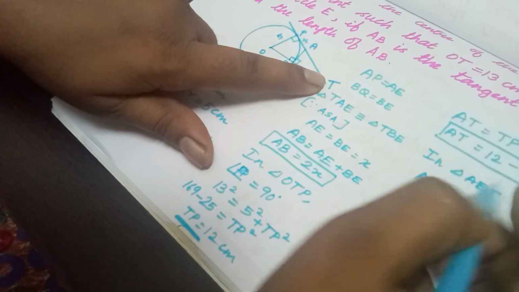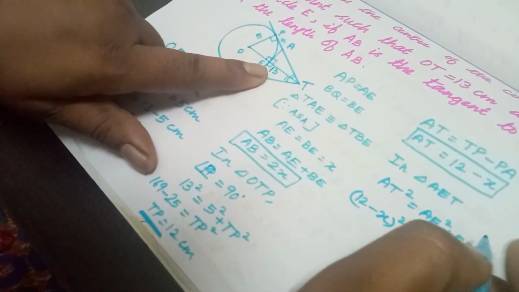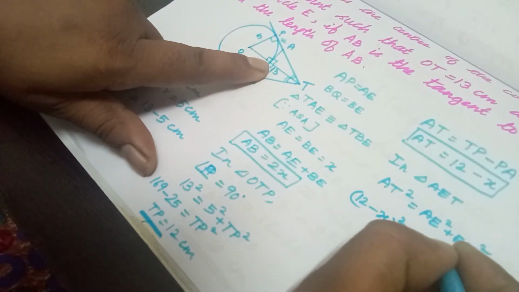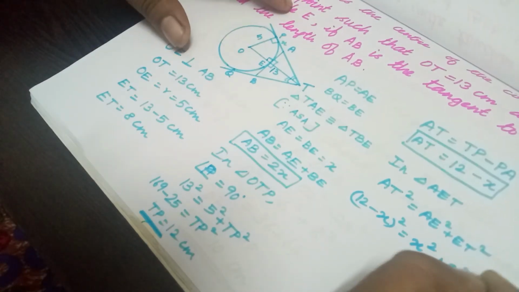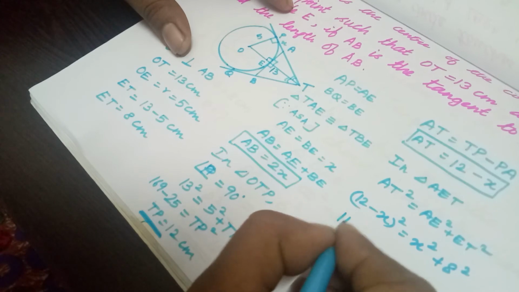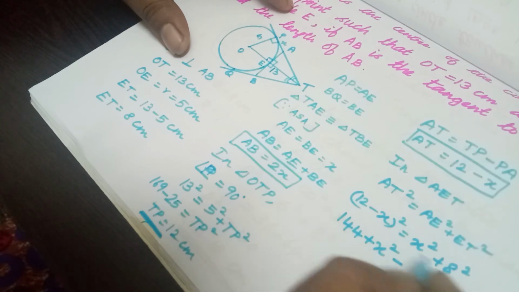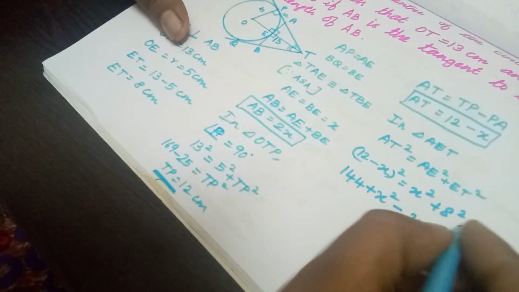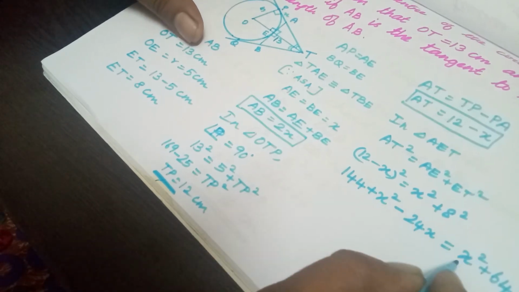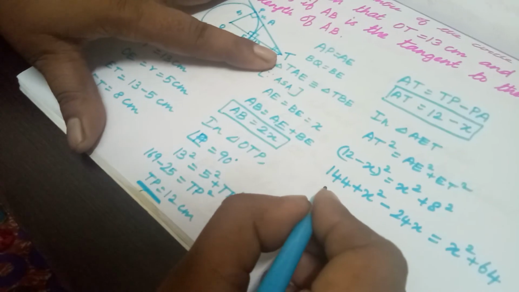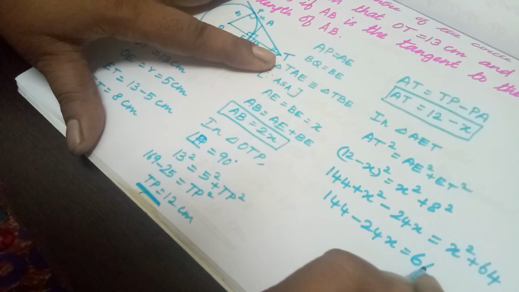AT is found to be 12 minus x, AE is x, ET is 8. So expanding, 144 plus x square minus 2 into 12, 24 into x, is equal to x square plus 64. Cancelling x square on both sides, we get 144 minus 24x is equal to 64.